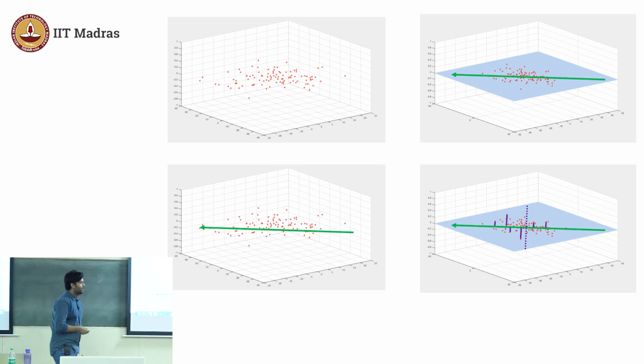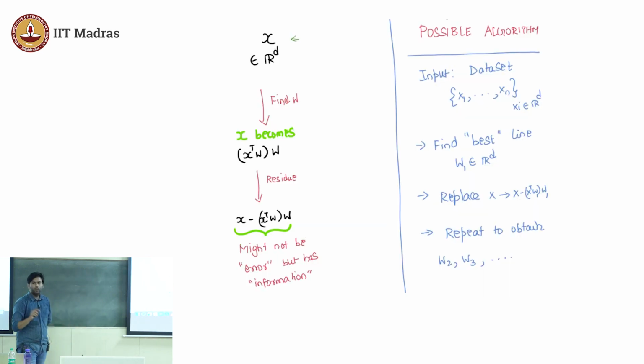Yeah. Okay, so here is the idea, right. You have a data set in d dimension, say 1000 dimension, you find w using our method, whatever we did already. Now, your x becomes x transpose w into w, because you are pretending all points are lying along this w, and for each point the scaling is given by x transpose w.